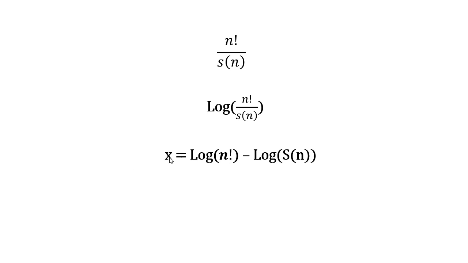Now, because we want the actual value of the ratio, we need to use this as the power of e, because e is basically the exact opposite of the logarithm, the same way that division is the opposite of multiplication. We can use that to get to the actual value of the ratio. Now let's code it in Python.